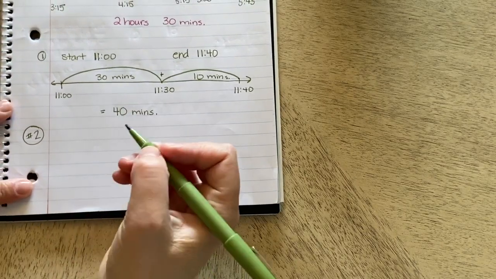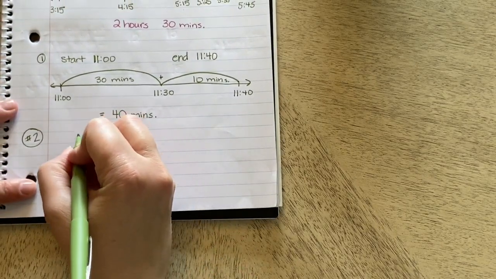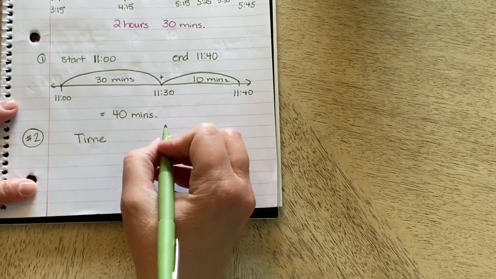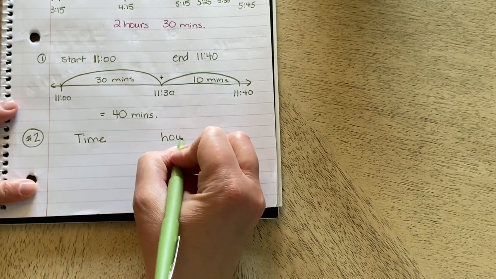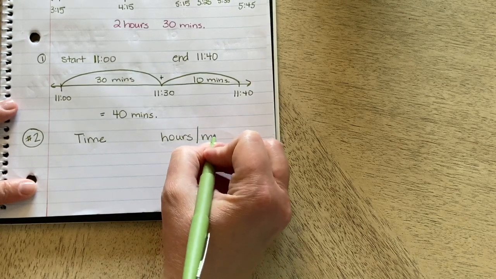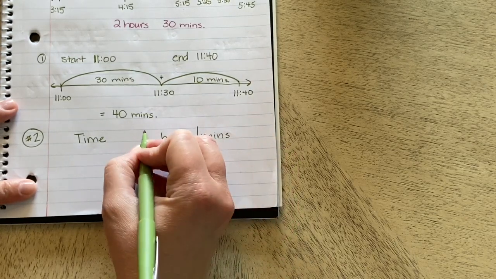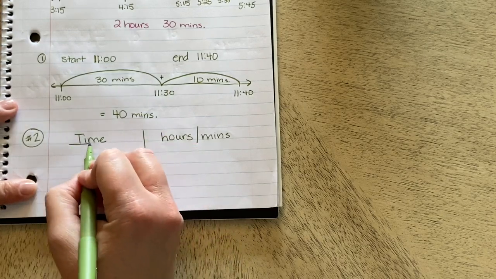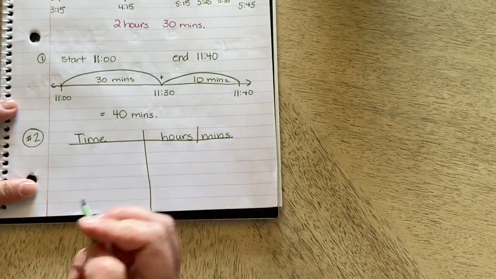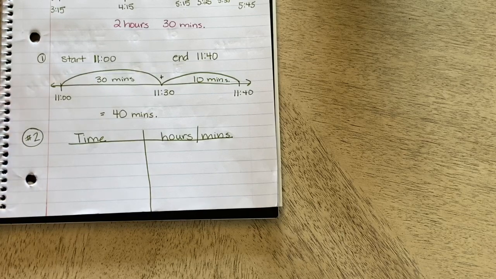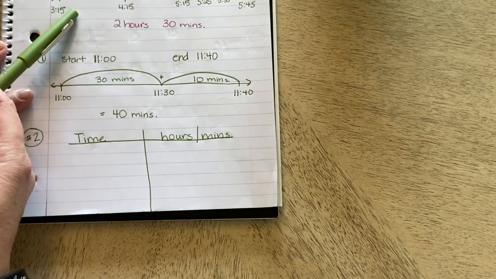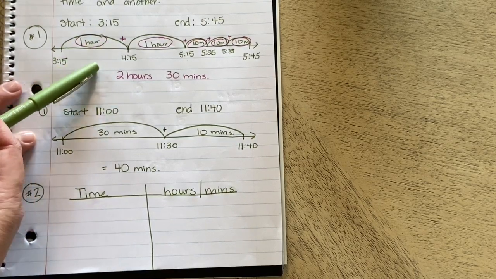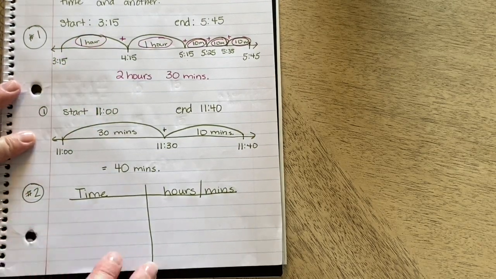So, time, and you need your hours and minutes, and then make your chart like this. All right, so for this first problem we did, we can put it on the time chart first.